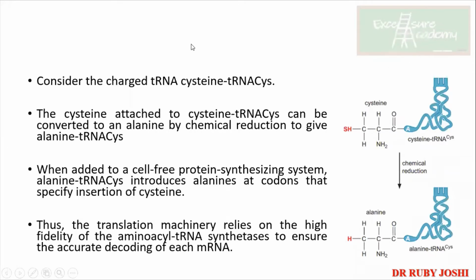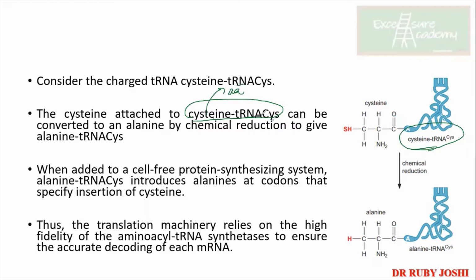So for example, I have this: we have got the cysteine tRNA cysteine. Now, guys, you need to understand the nomenclature, how we write it for tRNA, first of all. When it is written as cysteine, tRNA Cys, the first part says what amino acid it is carrying.